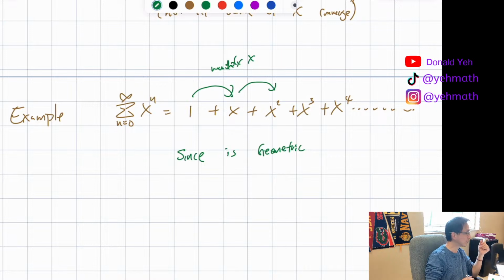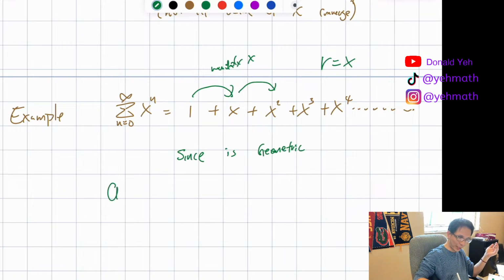And what's the ratio? It's geometric and it has a ratio, not rate. Ratio. 1 over 1 minus. There you go. So this r represents x if it's geometric.